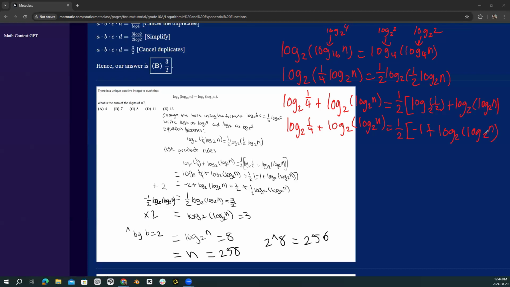Okay, so now that we've simplified that, now we can work on this side of our equation. Next, we're going to simplify this part.